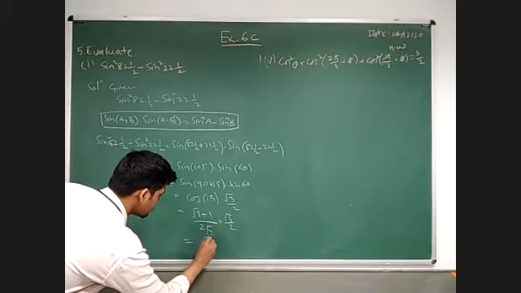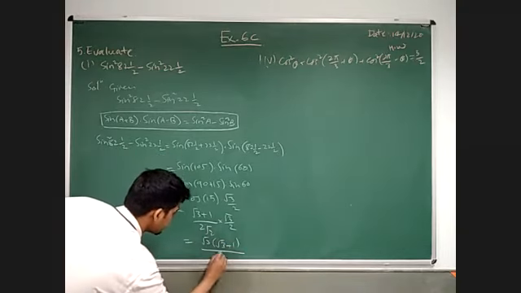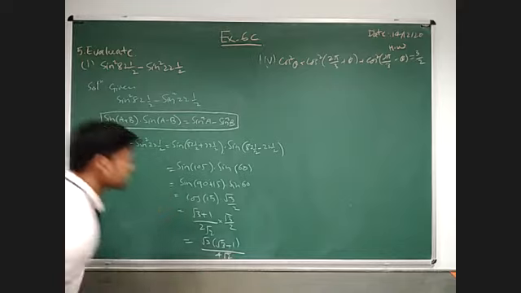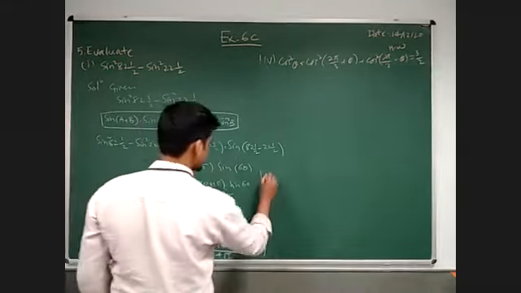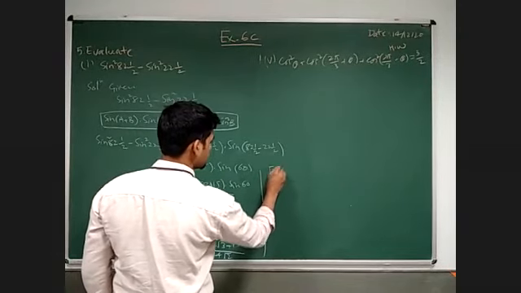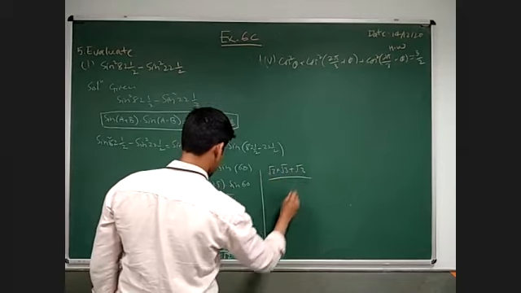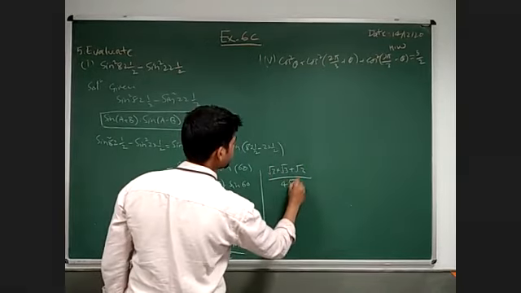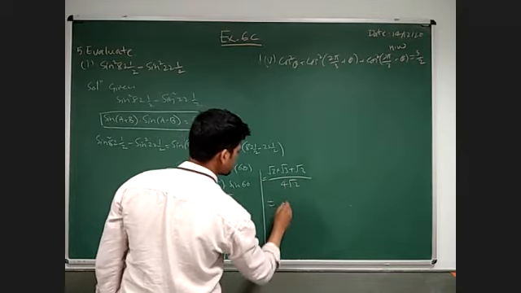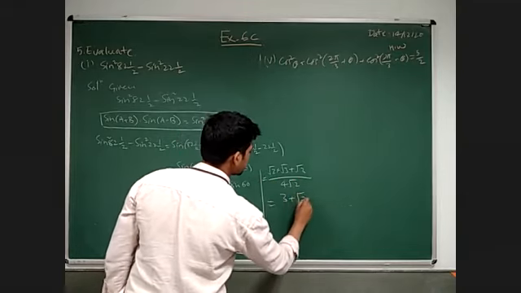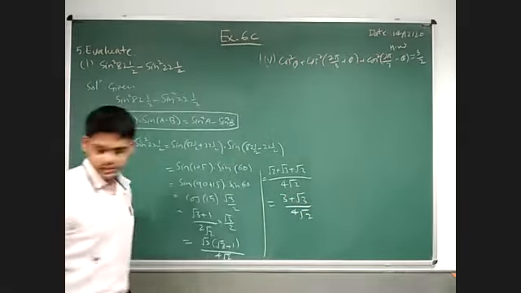So root 3 into (root 3 plus 1) by 4 root 2. This can be written as (3 plus root 3) by 4 root 2. So this is the answer.